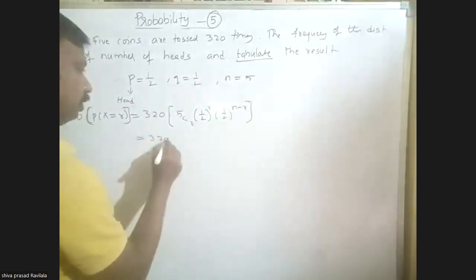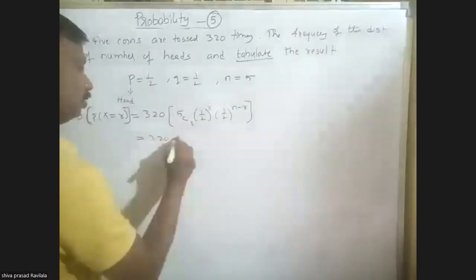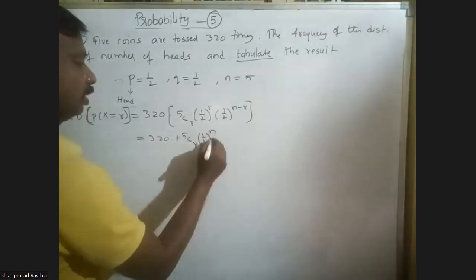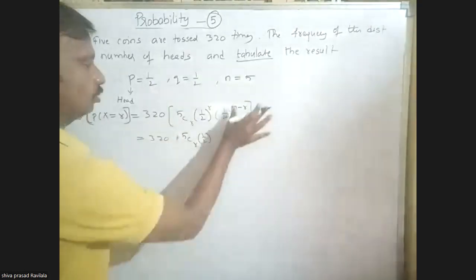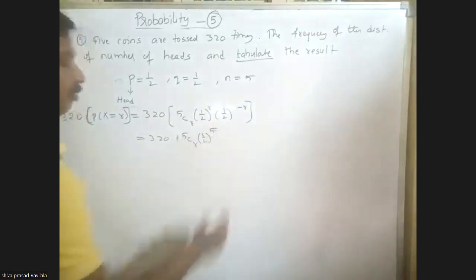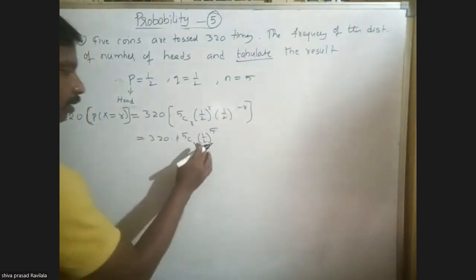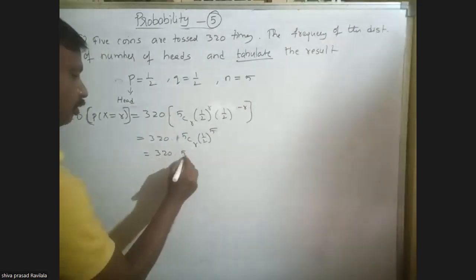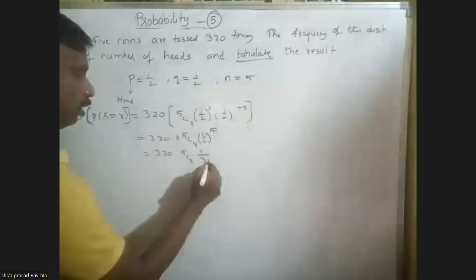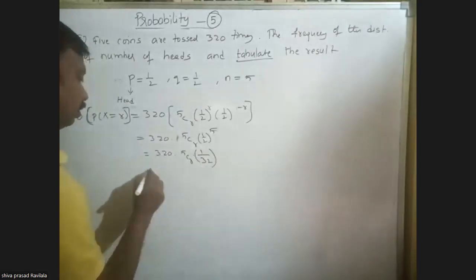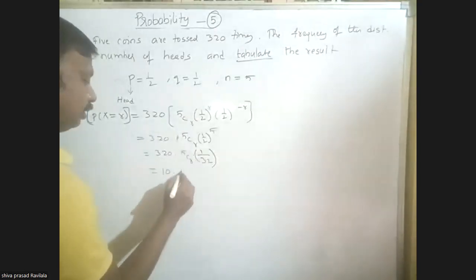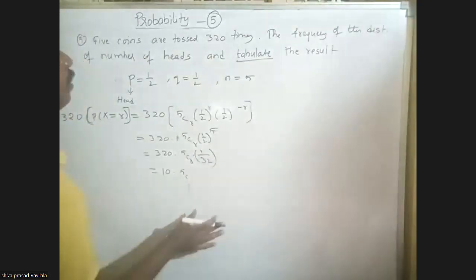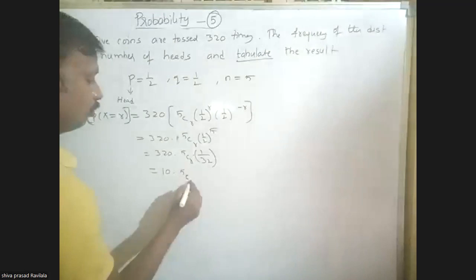That is 320 into 5Cr into 1 by 2 whole power n. We know the n value: n is equal to 5. 1 by 2 power 5 is 1 by 32. So 320 into 5Cr into 1 by 32. 32 ones are 32, 32 tens are 320, luckily cancelled. 10 into 5Cr. I think that's why they made it 5 and 320, because 2 power 5 is 32.